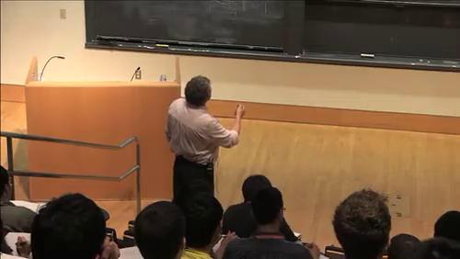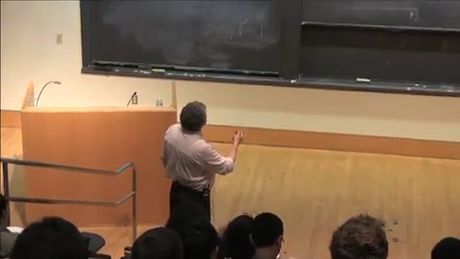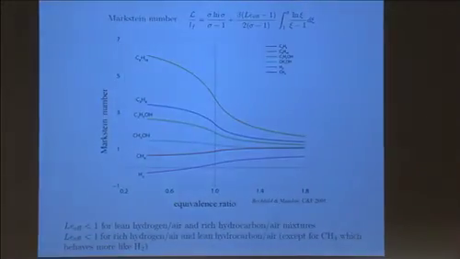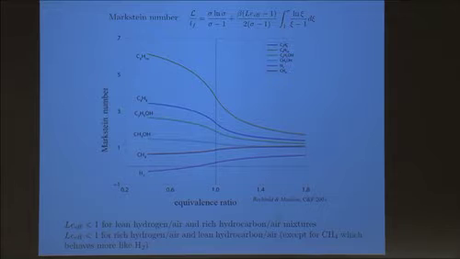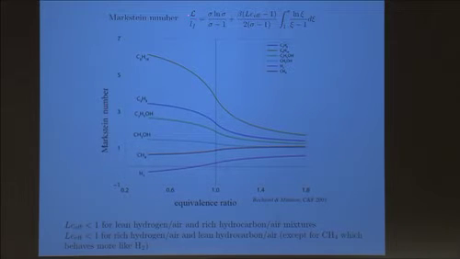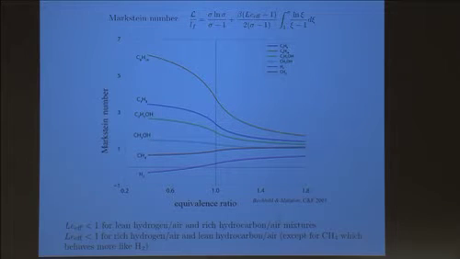Now, here are curves that show the theoretical expression that was derived for different fuels and how they behave. Note that this is the Markstein number, which means it's the Markstein length scaled with respect to the flame thickness. Remember that the Markstein length is a property that is proportional to the flame thickness.